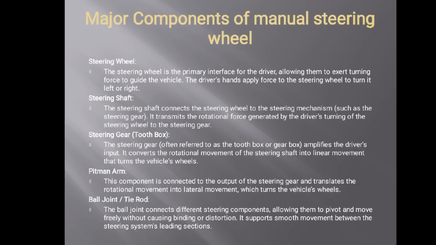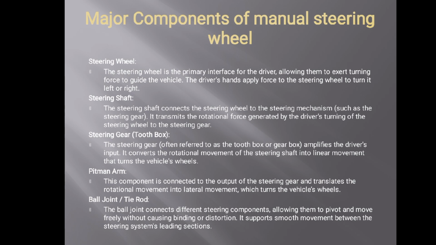The steering gear, often referred to as the tooth box or gearbox, amplifies the driver's input, and it also converts the rotational movement of the steering shaft into linear movement that turns the vehicle's wheels. So the two main functions of the steering gear are amplifying the driver's input and converting the rotational movement into linear movement. This gear is a crucial component of the steering system.